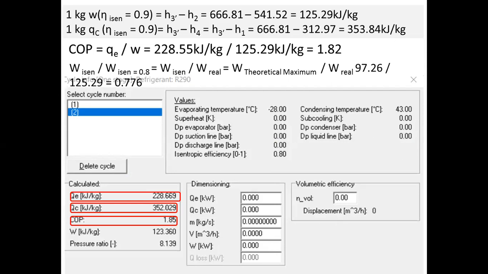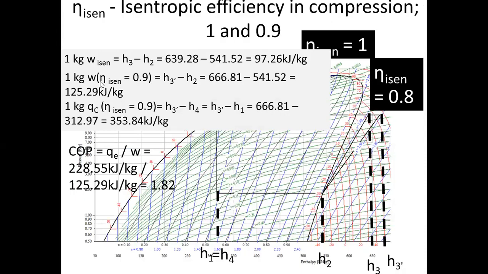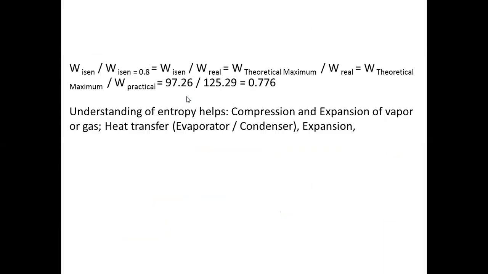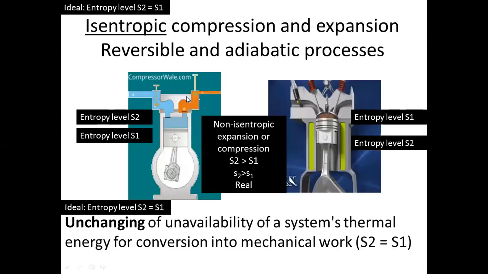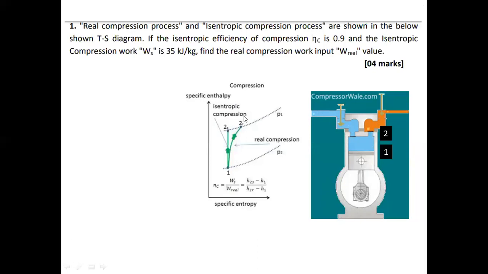W, even for isentropic we have introduced. W is the enthalpy difference here, the enthalpy differences for compressions in the previous sessions. So W is H2 minus H1. For isentropic it is called WS.